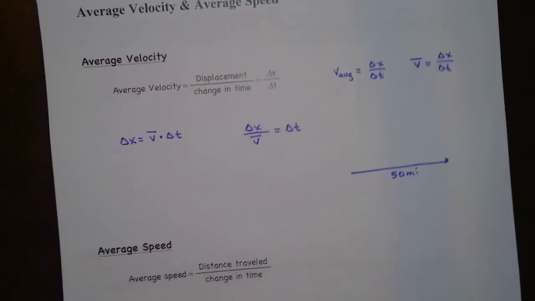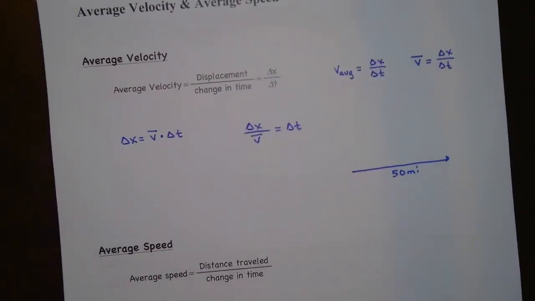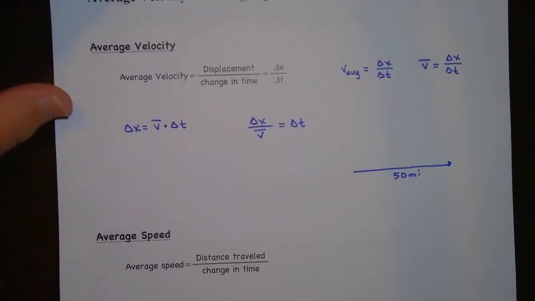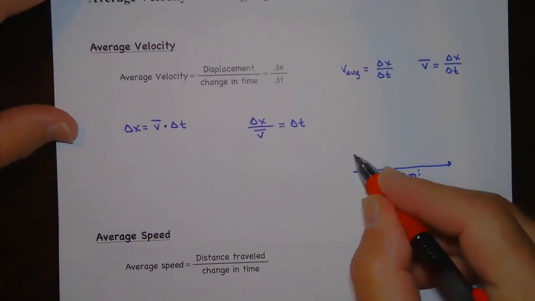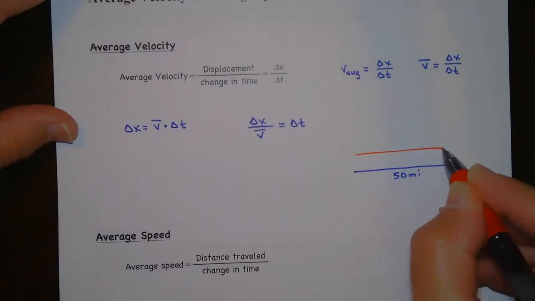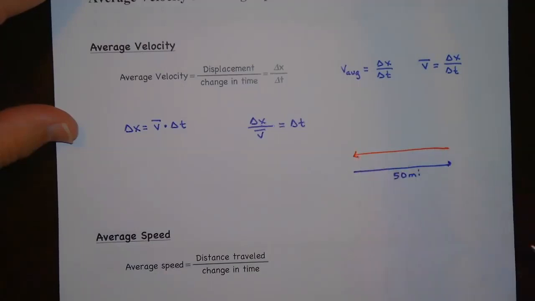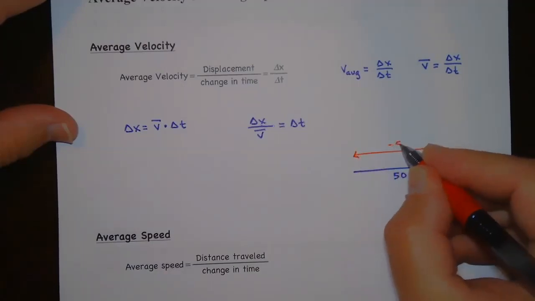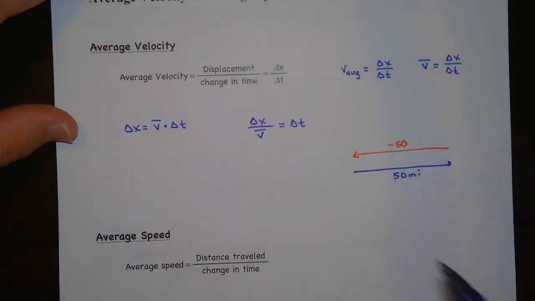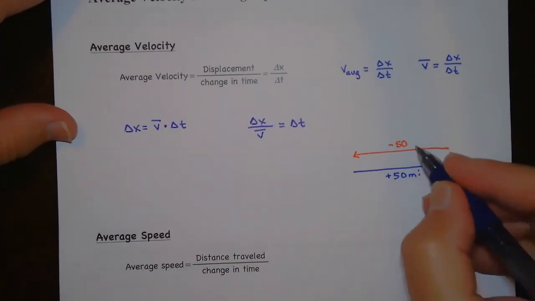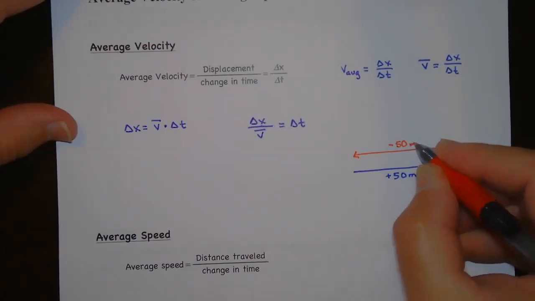And then let's say we turned really quickly, and we went 50 miles, let's say west. So that'd be negative 50. Okay, so we went 50 to the right, basically, and we went 50 to the left, and that'd be miles.